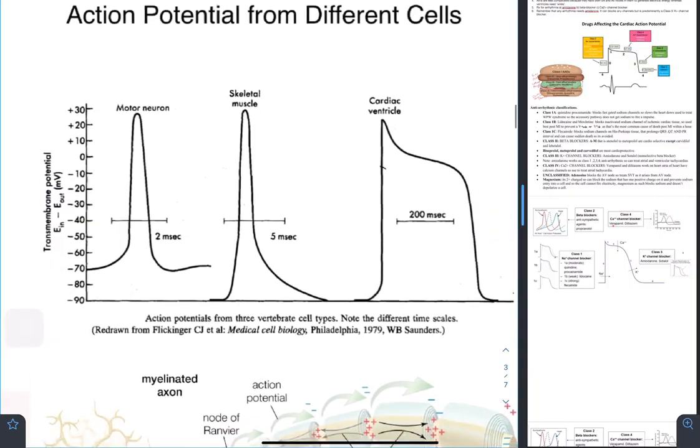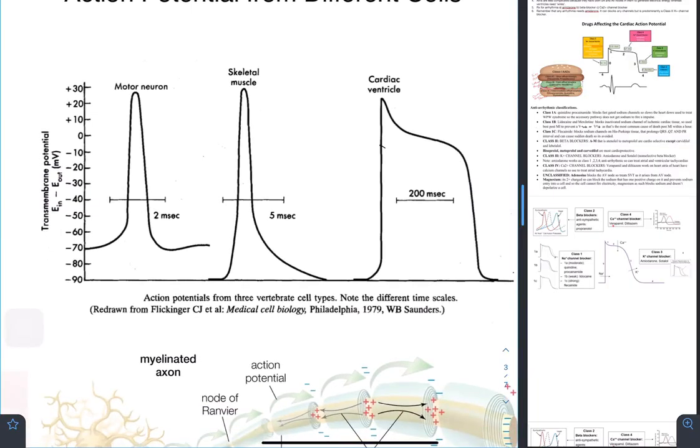Have a look at this action potential from different cells. Action potential is much needed to generate or pass messages from one cell to another. Starting from the left of the pictures, that is the action potential of motor neurons.